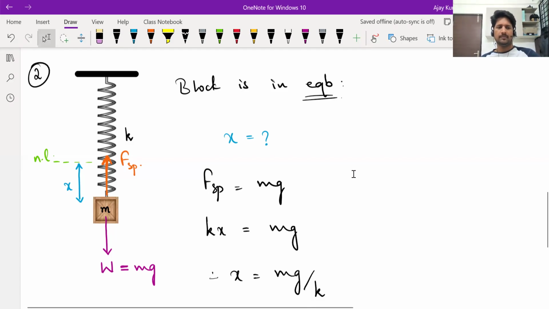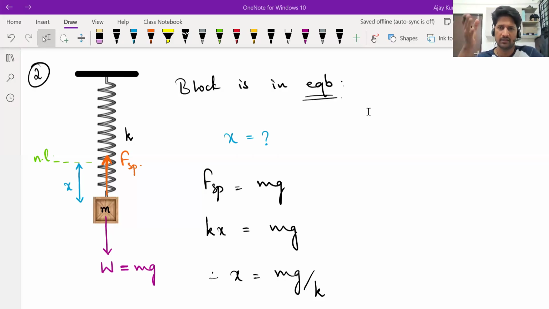Aishwarya, did you understand? Sir, yes, but the force is variable now, so I have to integrate. If the elongation keeps on changing, if the spring is moving, then the force is variable. Even then, at one particular position, spring force will balance mg. At other positions, it won't balance. To calculate work, you will have to integrate force dot displacement.